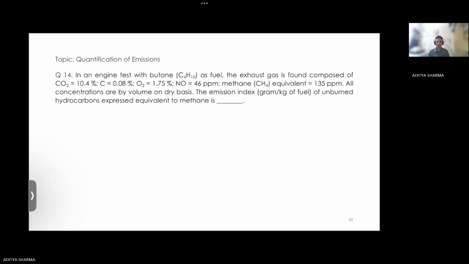Then is your next question. Question number 14. It states that this is on quantification of emissions.